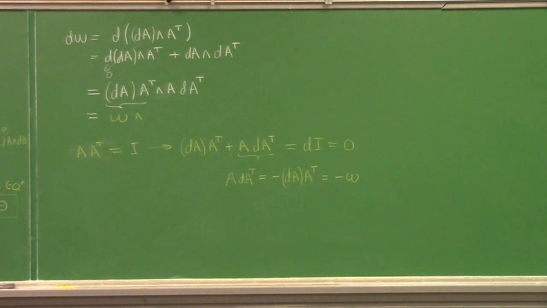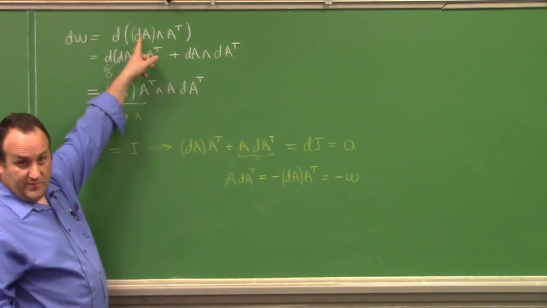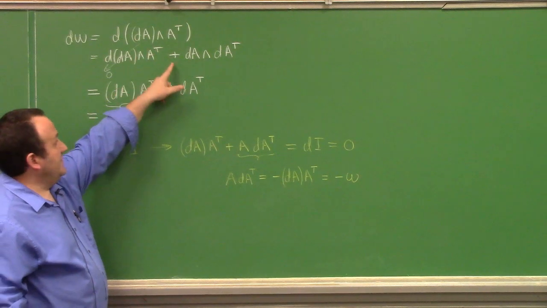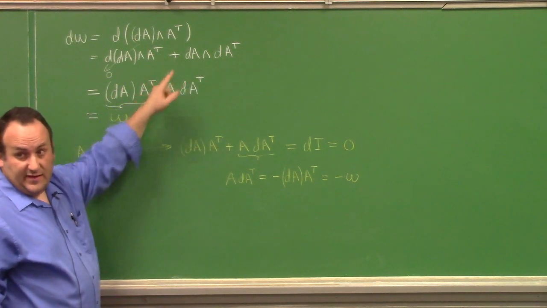So this was our rule, right? This is the Leibniz rule, the product rule for wedge product of matrices. Minus 1 to the p, where p is the degree. Exactly, so that's the problem: dA is a matrix of one forms. So there's a minus in the product rule that we must take account of.